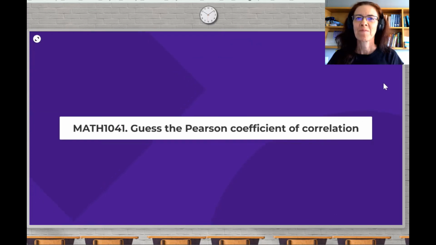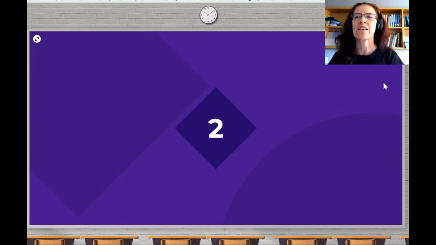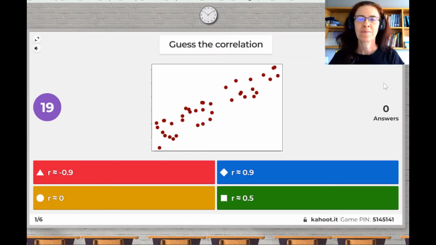Let's start. You need to guess the Pearson coefficient of correlation by just looking at the scatter plot. So you need to look at whether it's going up or down. And you'll need to think whether it's close to a line or not that close to a line. And that's the part that's hard to evaluate.